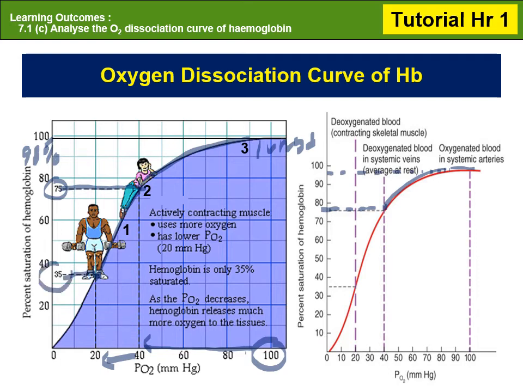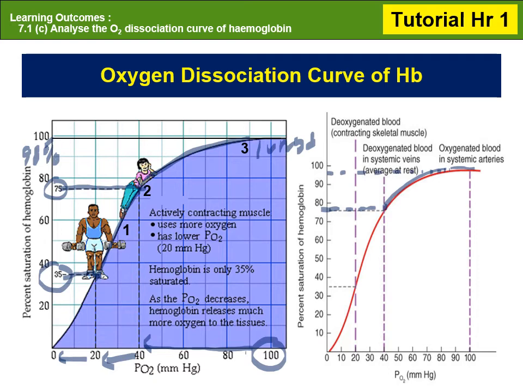Ada 35%, about 35% saturated dengan oxygen. So bila reduce lagi, less than 20 mmHg, more oxyhemoglobin will release its oxygen.